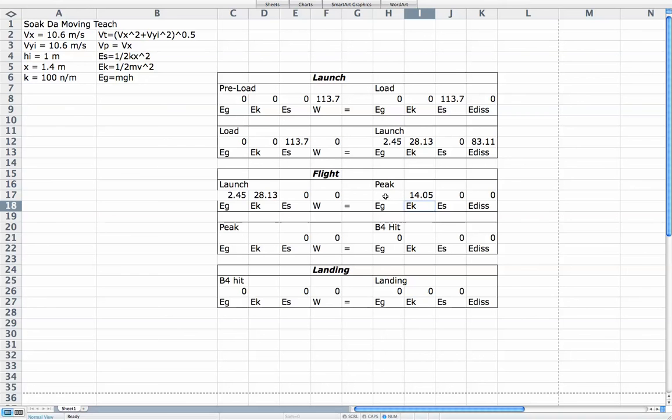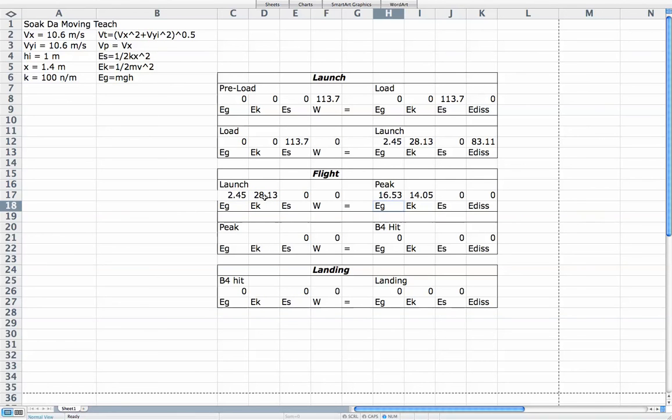So what I now know is that EG should be whatever I started with minus what I have in kinetics. So let me do that. I'm going to say this is going to be equal to this value stored in the gravitational field plus this value, which is stored in the motion, and then minus, I can't click on it, but it would be I-17, the cell I-17.